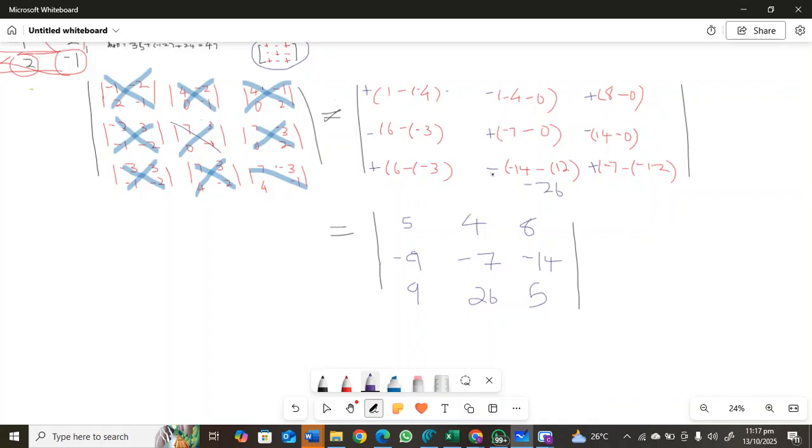Now, since there's a negative outside, negative and negative make positive. So we've got the cofactors.